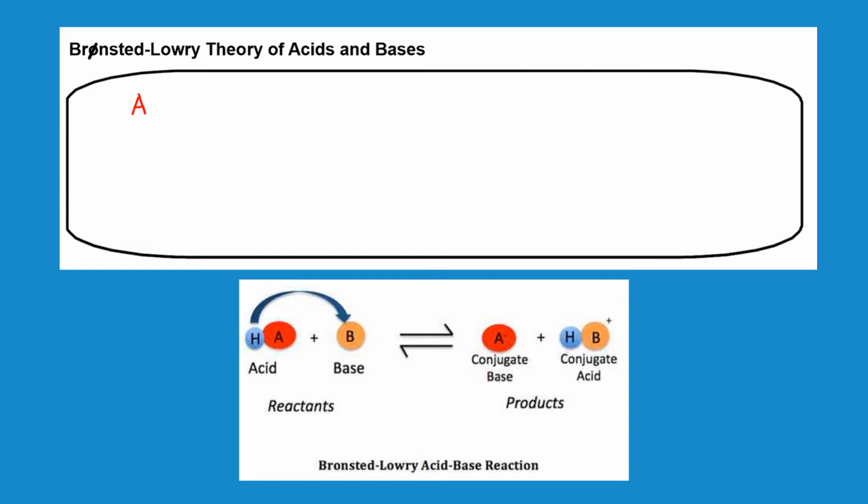So with the Bronsted-Lowry theory of acids and bases, this time an acid is a substance that donates a hydrogen ion. So it doesn't just split into a hydrogen ion, it actually donates it, which implies that something is receiving it. The thing that is receiving that H plus ion, the hydrogen ion, is the base.